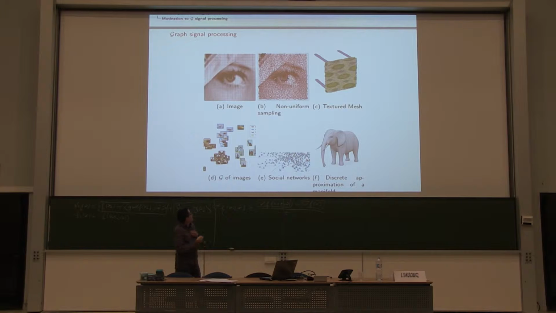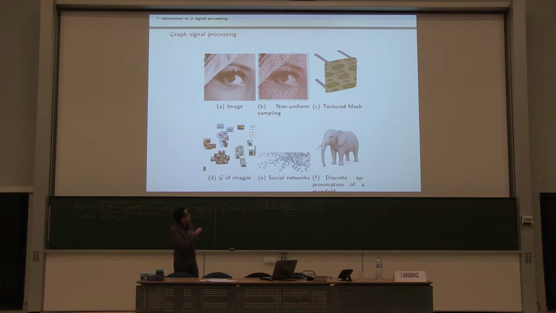This is because many of the discrete versions of problems that we are interested in can be formulated as graph problems. For example, classical image processing is a particular case of graph signal processing, as well as non-uniform sampling, as I said before, and more complicated cases.